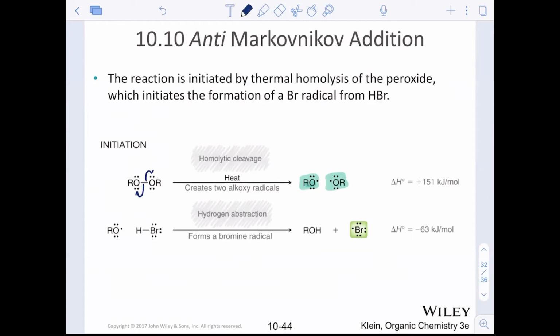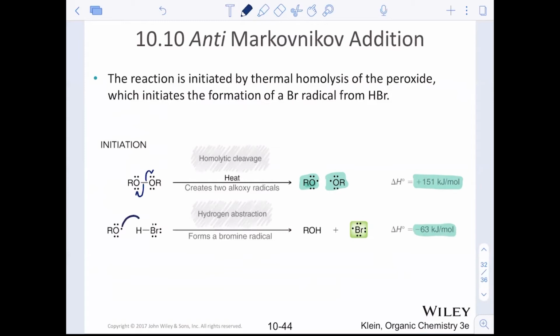Also, if you look over on the right-hand side, we can see that that first reaction requires heat because the enthalpy is unfavorable, right? It's endothermic for this first alkoxy radical production. So it's really that second step that is exothermic that helps us initiate this reaction fully.